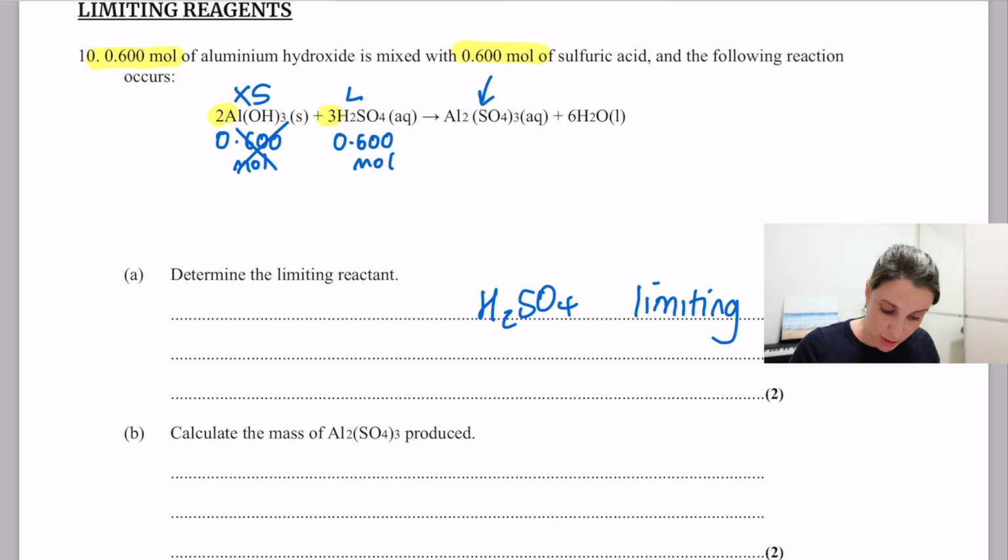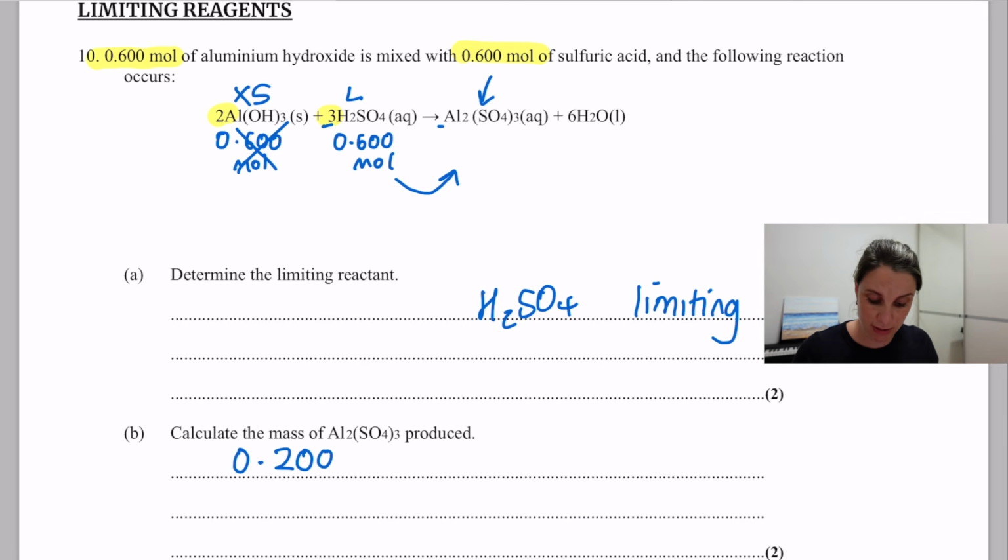Then, just like normal, we're going to take the mole ratio, which is a 3:1 ratio here, and the moles of aluminium sulfate is going to be 0.200 moles. The question wants the mass, though, for the second mark, so we're going to times this by the formula mass of the aluminium sulfate.